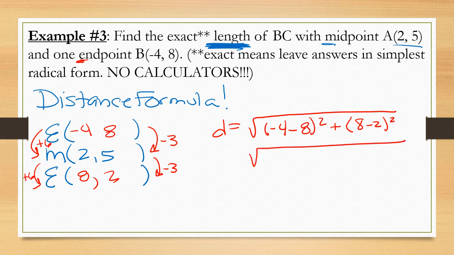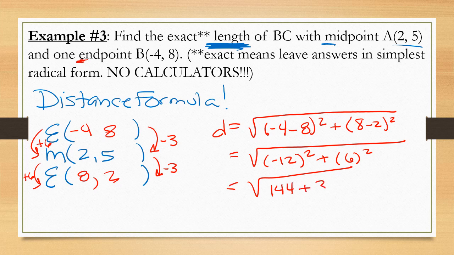And I'm going to do some quick math here. -4 minus 8 is -12. You're going to end up squaring that. 8 minus 2 is 6. -12 squared is 144. And 6 squared is 36, which is going to give me the square root. 144 plus 36 is 180.